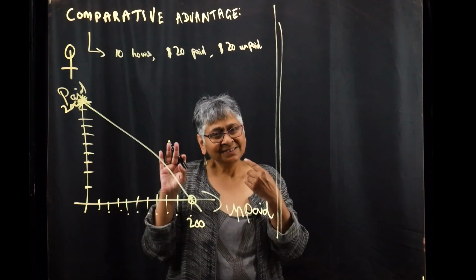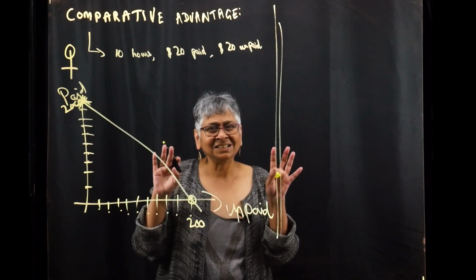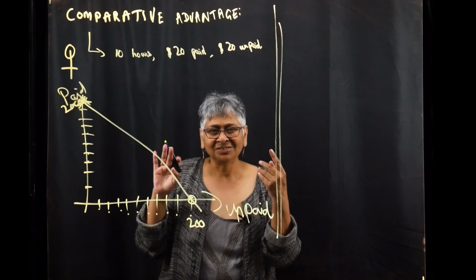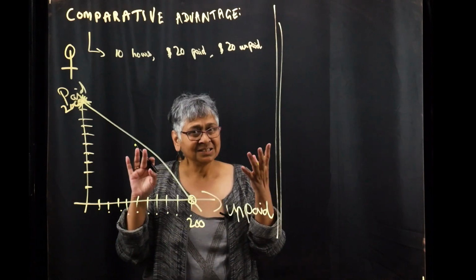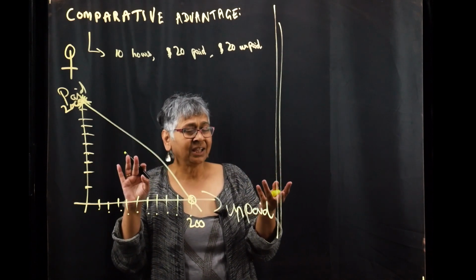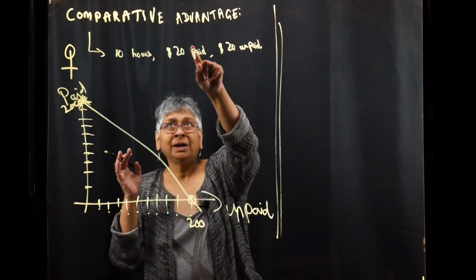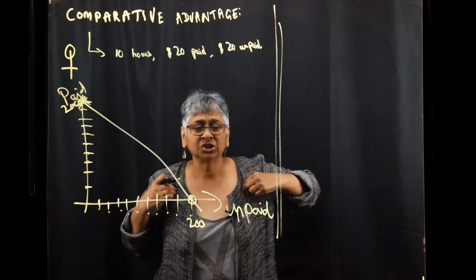Now, she's swiping right, left, right. And she's checking comparative advantage.